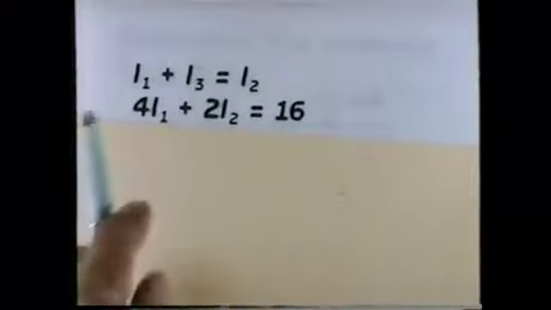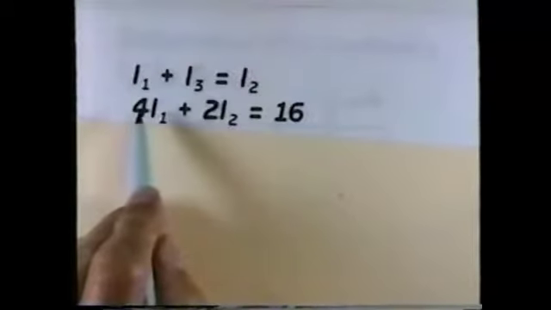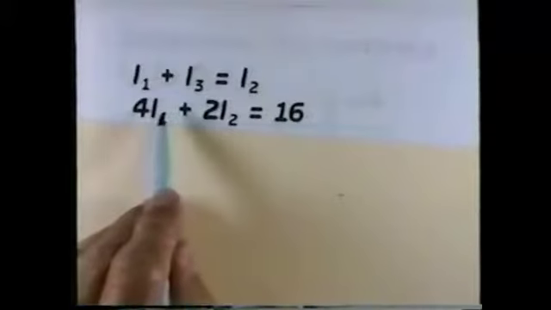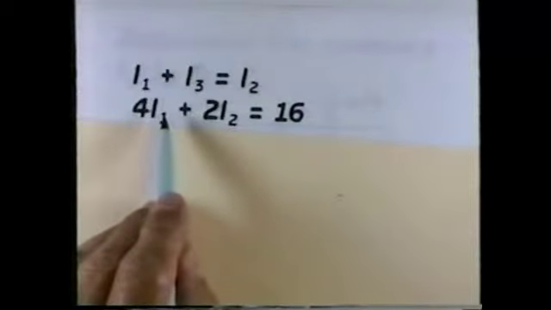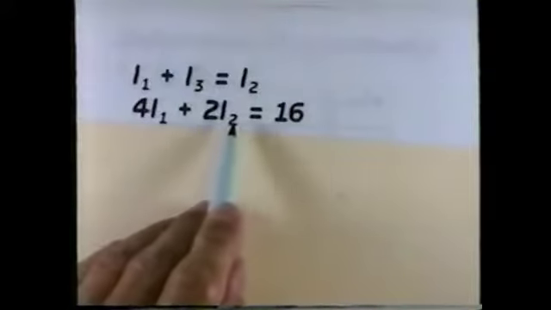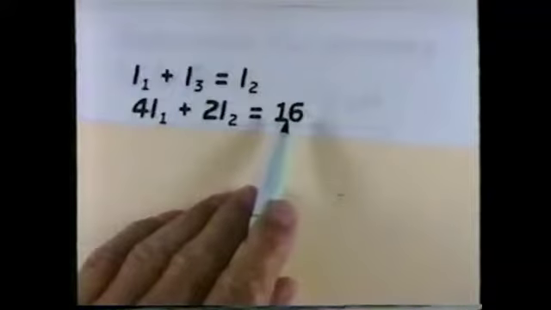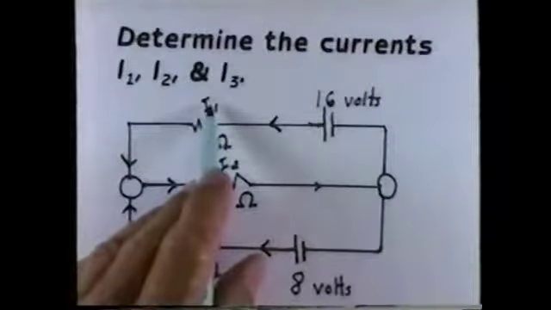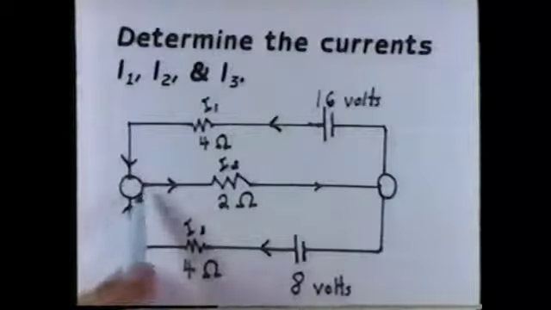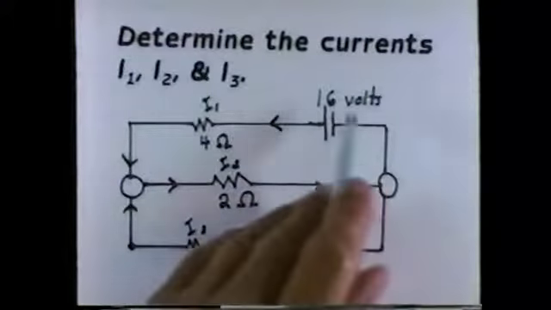So that's the second equation. 4 times the current 1, that's the resistor's 4, so this is Ri, the voltage drop across the first resistor, plus Ri, the voltage drop across the resistor in the middle, is equal to the impressed voltage of 16 volts. So 4I1 plus 2I2 is equal to 16.